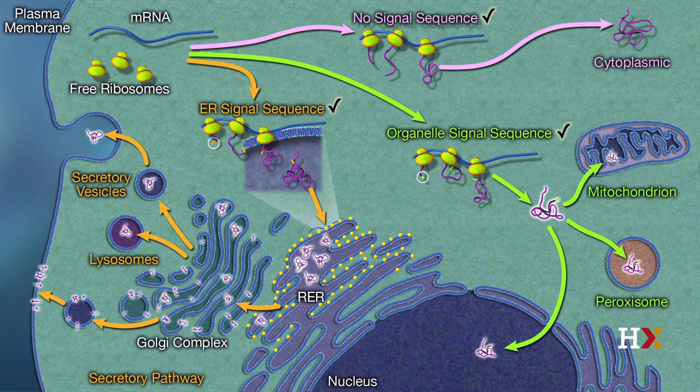Translation resumes, and proteins accumulate in the lumen of the endoplasmic reticulum or get embedded in the endoplasmic reticulum membrane. These proteins will be transported to the Golgi system and then to secretory vesicles, or to a type of cytoplasmic organelle called lysosome.